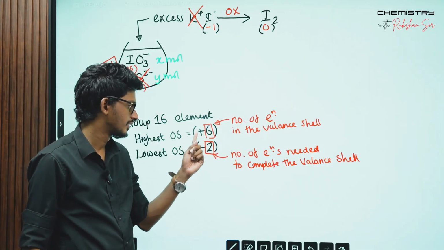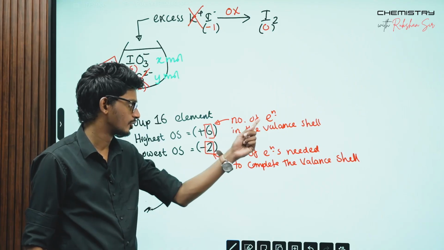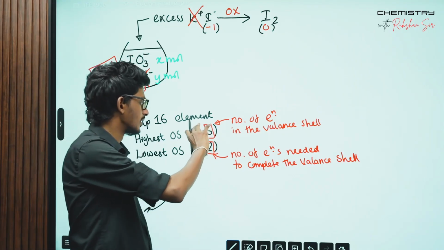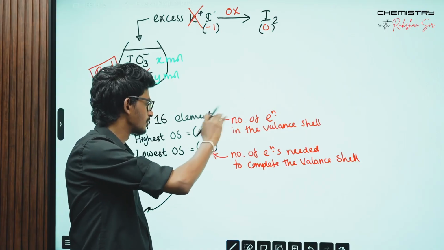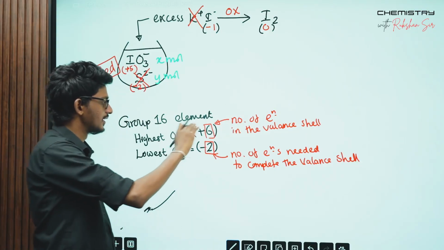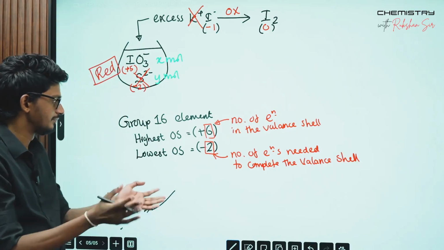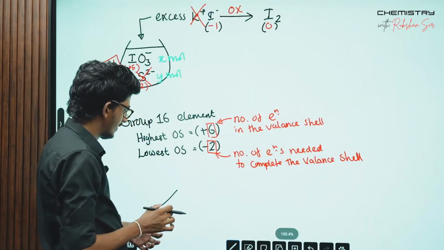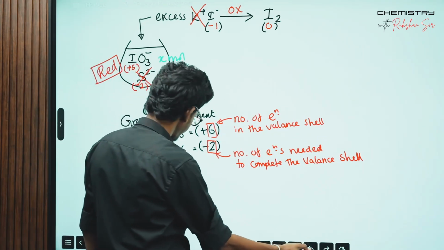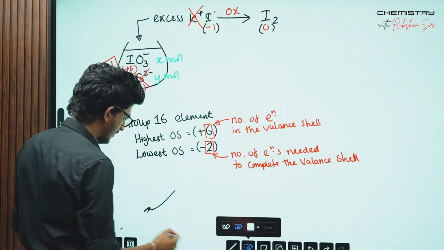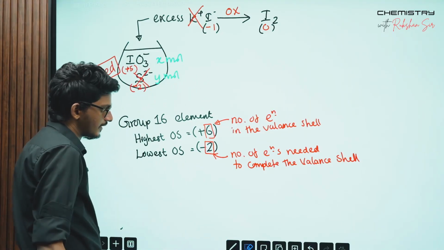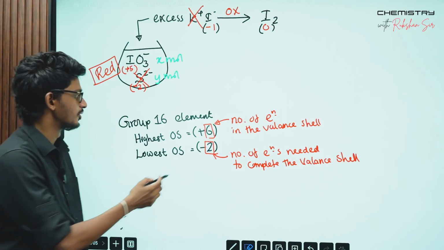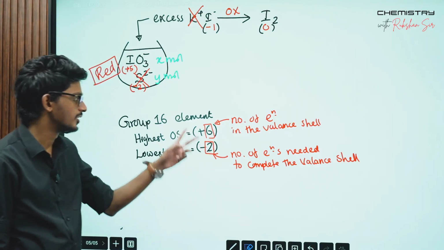The other method is that you can gain 2 electrons to complete the shell. So those are two methods available, right?